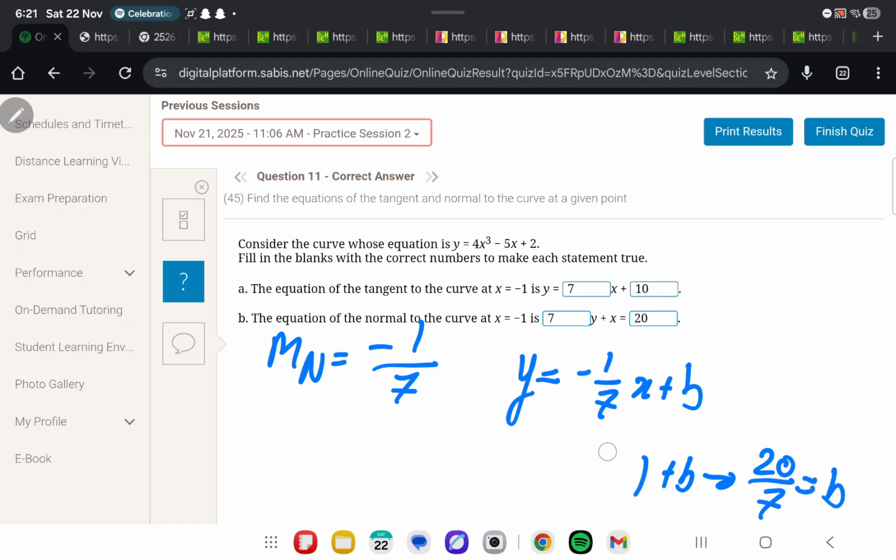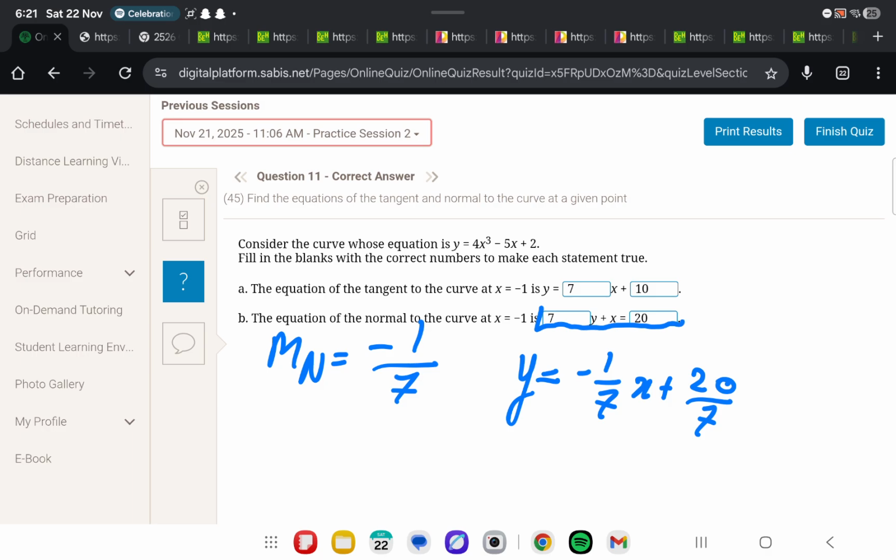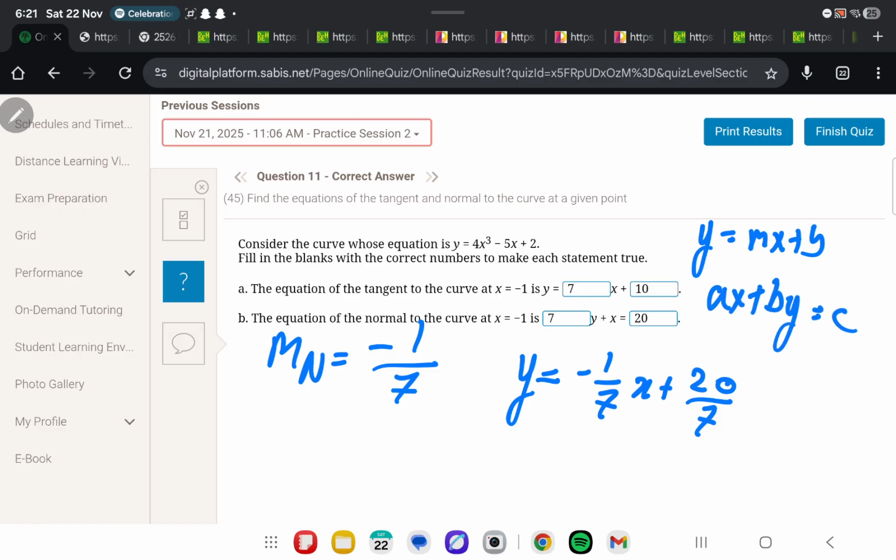So the equation is this, which is fine. Here though, you can notice they expressed it differently. They didn't express it in the form y equals mx plus b. They expressed it in the form ax plus by equals c. Why?